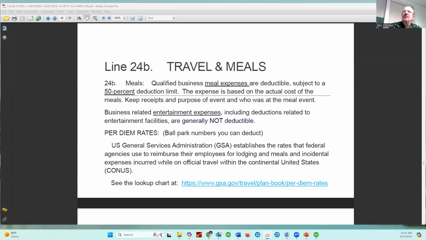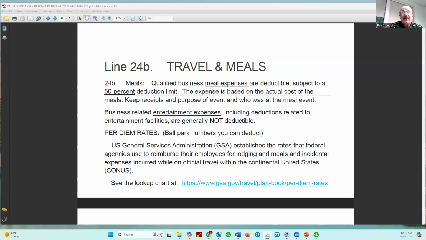The meals expense is based on the actual cost of the meals, and you should keep receipts for the event and who was at the event to write off your meals. So what it says is you can only get a deduction for half of what you paid.